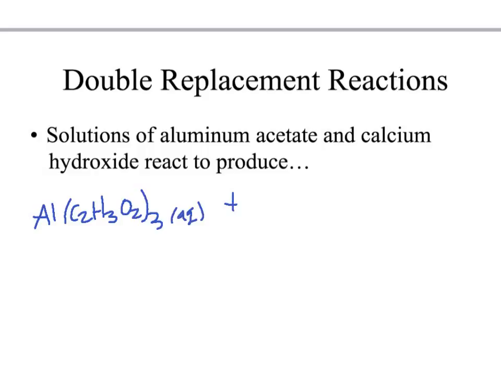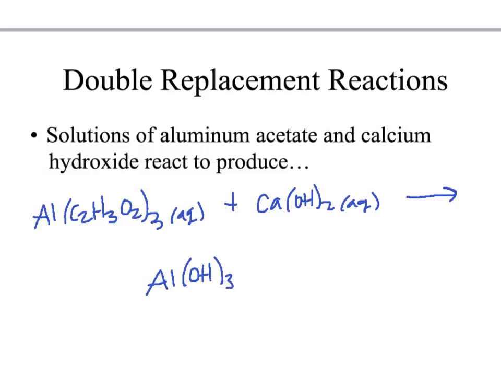And it reacts with calcium hydroxide, and that produces aluminum, and its new partner is hydroxide, and calcium's new partner is acetate.